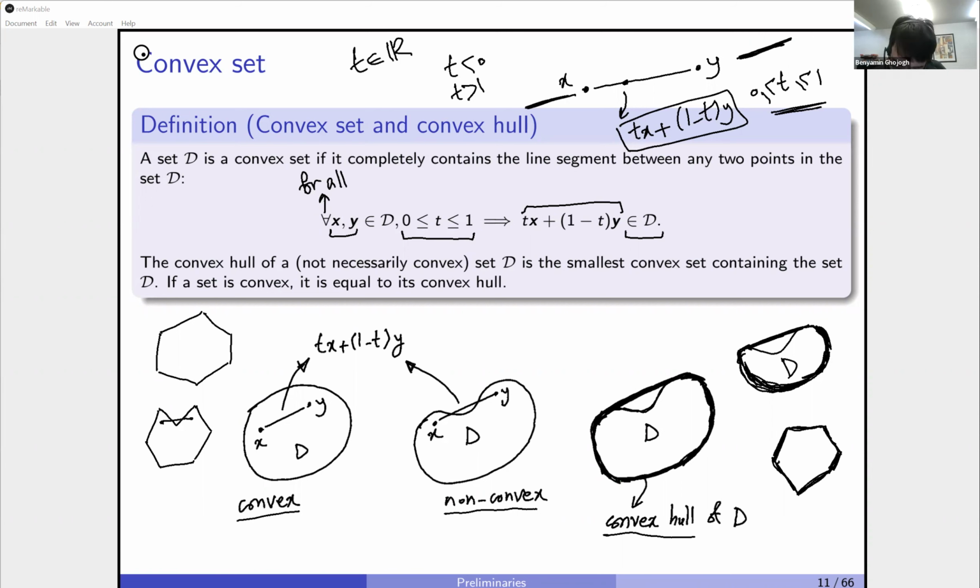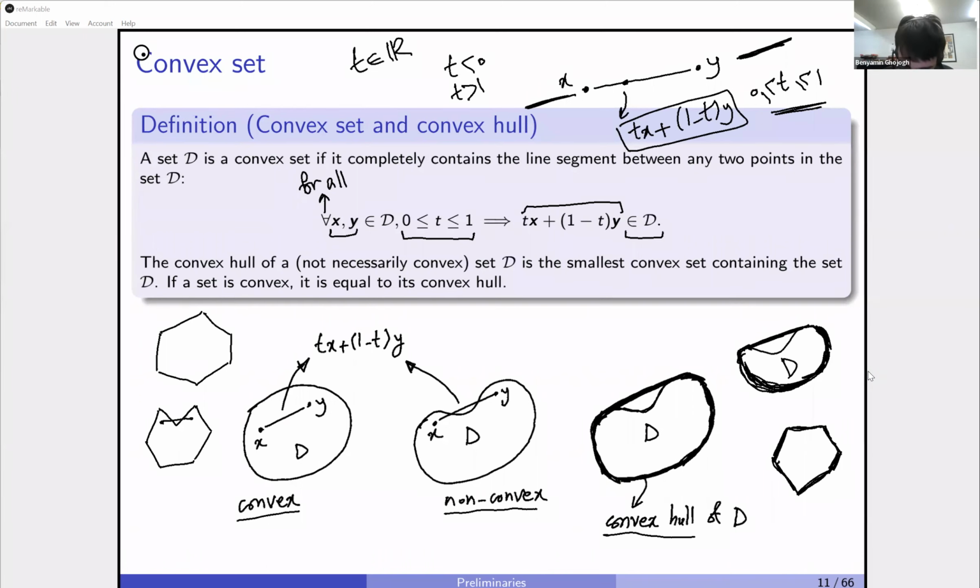But if the set is not convex, then the convex hull of that set will contain that set, but it will be a bit bigger than that, and it will be convex. So is it clear now, Bansari? Can you explain it again, please? Yeah.